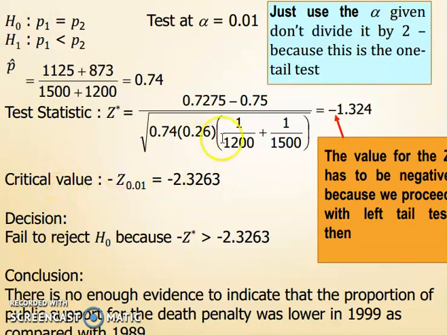Comparing the test statistic with the critical value, we found that the test statistic, minus 1.324, is larger than minus 2.3263. So it does not fall in the rejection region. Therefore, we fail to reject H null. The conclusion is that there is not enough evidence to indicate that the proportion of public support for the death penalty was lower in 1999 as compared to 1989.